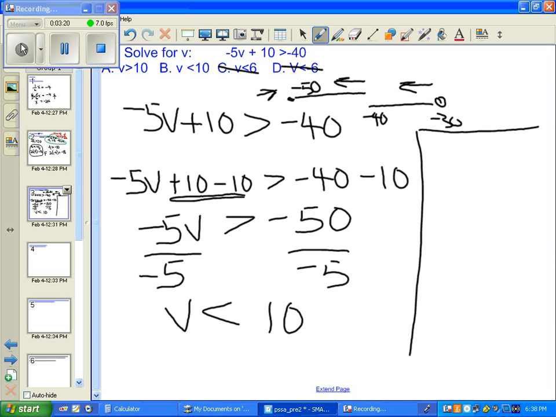Now, with an answer like that, I like to check a problem like this. Say V is less than 10. Let's just plug it into our original equation. Negative 5, and if we take a number less than 10, let's take the number 9. And then we add 10 to it. The question is, is that greater than negative 40?